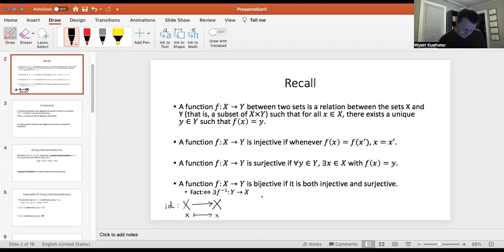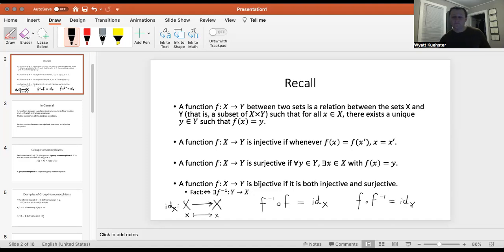And an inverse is defined to be another function such that f inverse composed with f is like the identity function on X. Each set has its own identity function. F inverse composed with f should be the identity on X, and f composed with f inverse should be the identity on Y. Got that right?